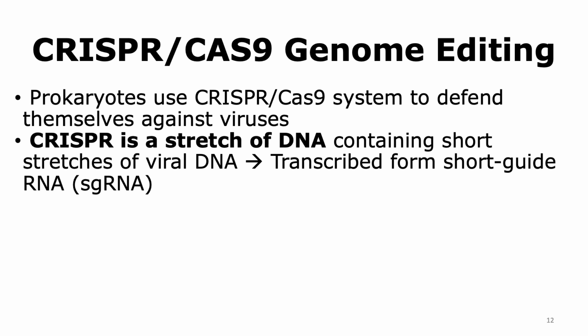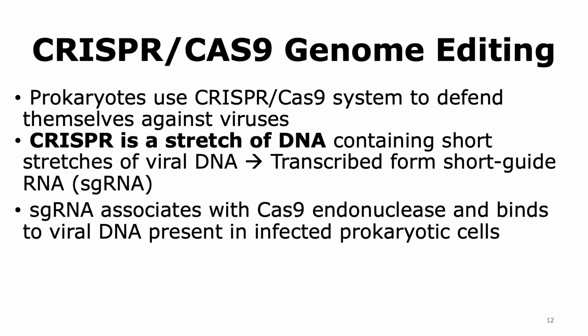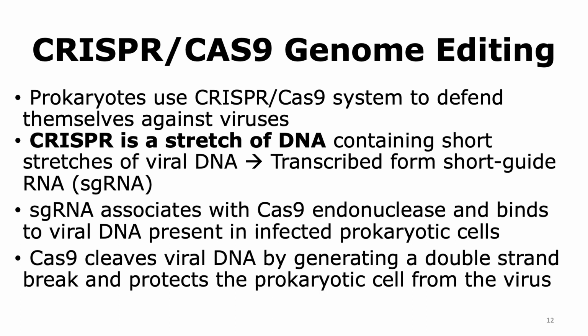If you're wondering where these viral DNA came from, they came from a time when the bacteria were infected with those specific viruses. The short guide RNA that is produced is associated with the endonuclease Cas9 and can also bind to viral DNA that is present in infected prokaryotic cells. The Cas9 can then cleave the viral DNA by generating a double-strand break, and thus it can protect the prokaryotic cell from the virus.